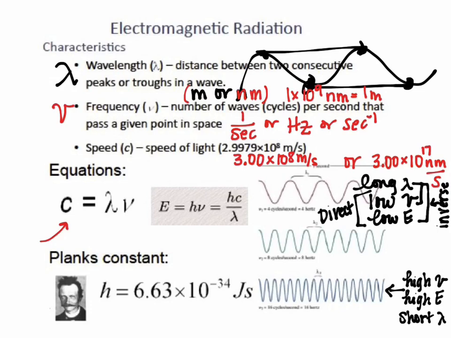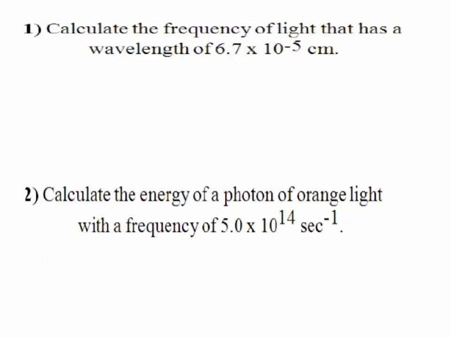All right. So next, let's do some calculations. Calculate the frequency of light that has a wavelength of 6.7 times 10 to the negative fifth centimeters. So frequency is what we're looking for, and we know that lambda is 6.7 times 10 to the negative fifth centimeters.